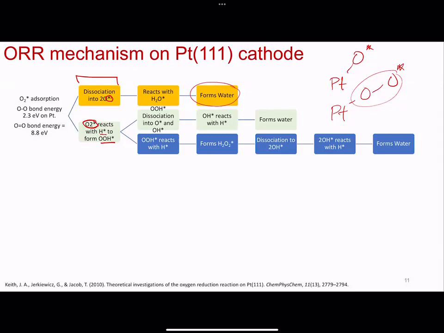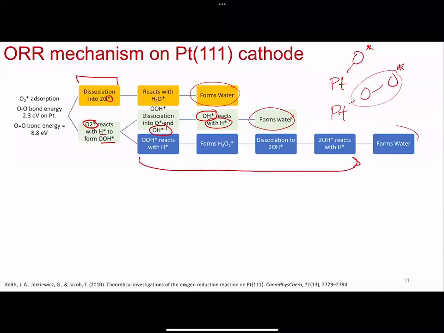And then it can take one of two processes. It can then dissociate more. And then this hydroxide or hydroxy will then react with another proton that's adsorbed, and that forms your final product of water. Or it could take this very long process and then eventually form water. What you want is the most efficient step, obviously, right?